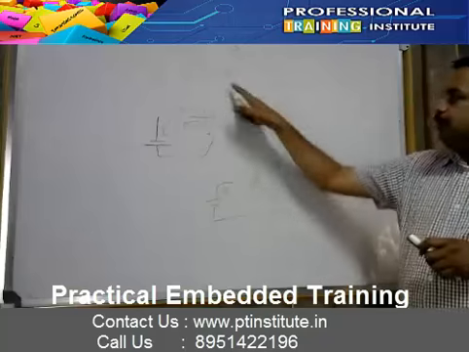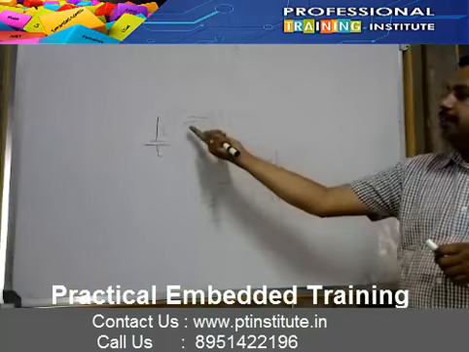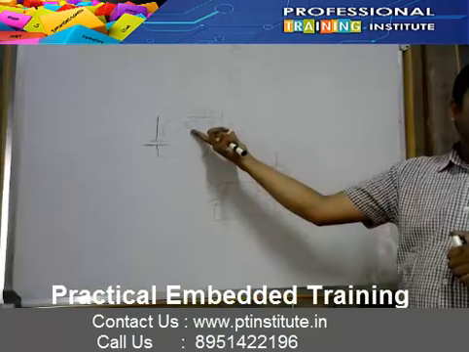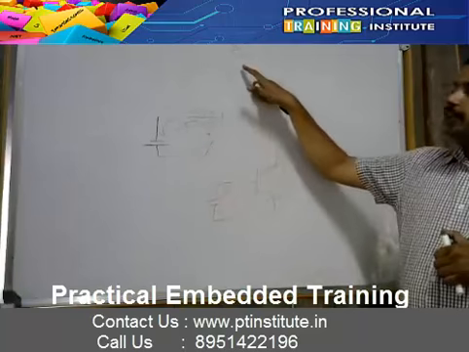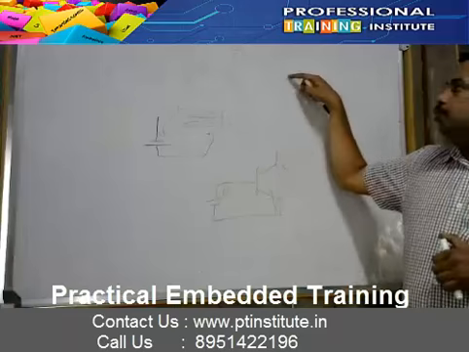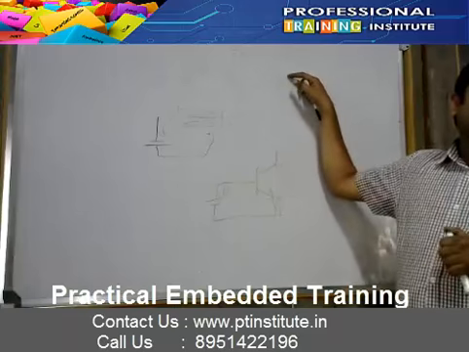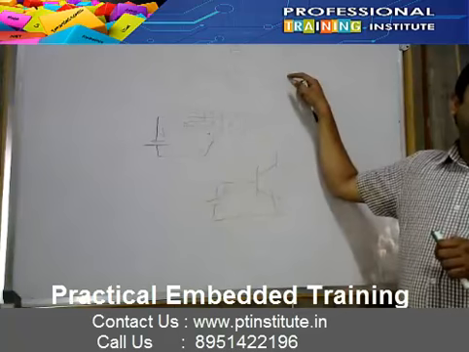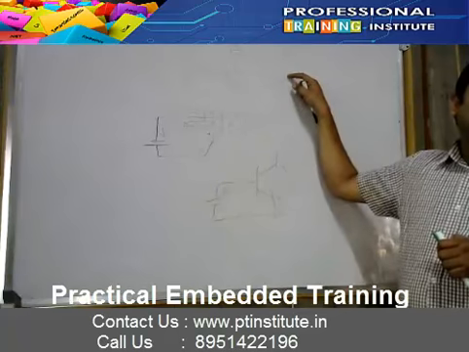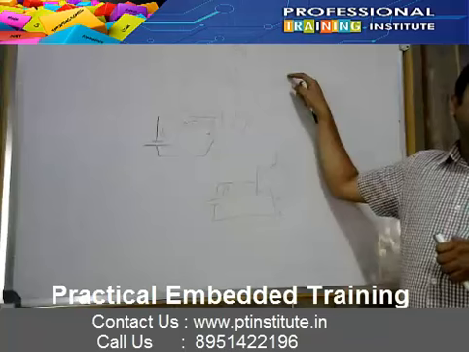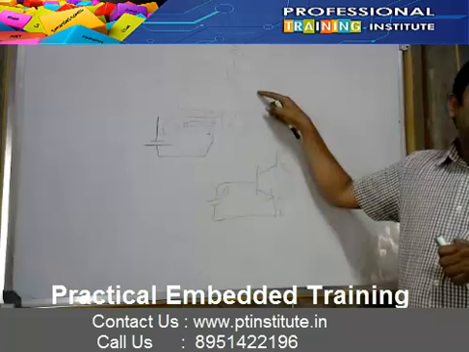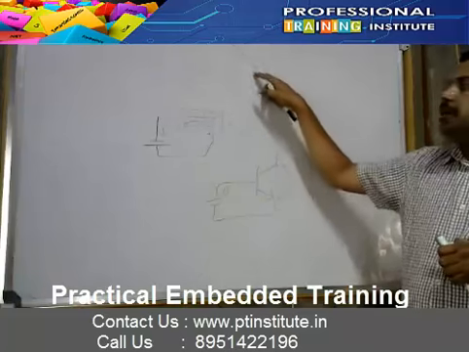When this becomes short, can I say this emitter is connected to collector? Yes or no? So this emitter is connected to collector. So what output will I get? Same as emitter. So what is emitter? 0. So I will get 0.